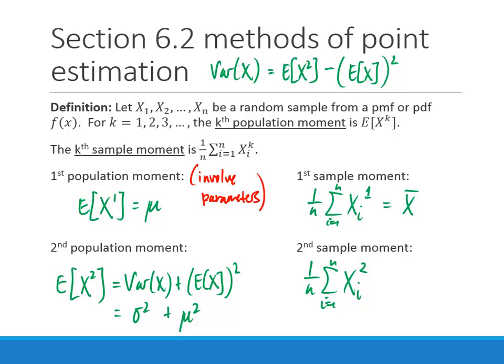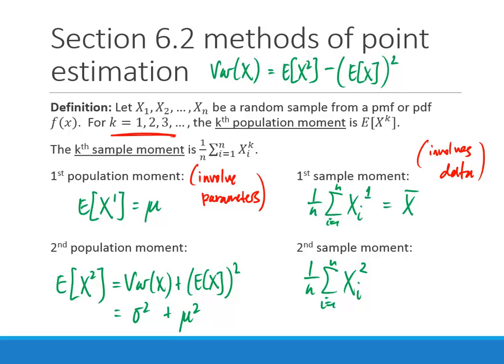The sample moment only involves the data. That's going to be some function of our sample data, something we can calculate. That's the distinction between population moments and sample moments. And again, these things are defined for any integer k.